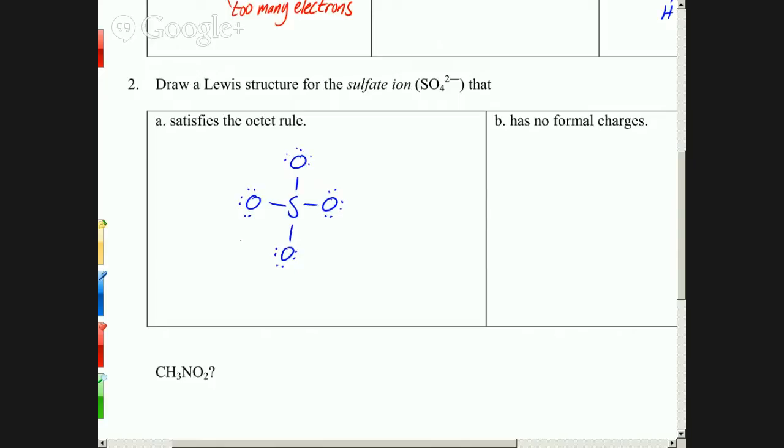Okay. Now we know that this ion is a 2- ion overall. So that means we have to have some formal charges at least. So if you make an ion like this, that's good. Everything does indeed fit the octet rule. What do the formal charges look like?